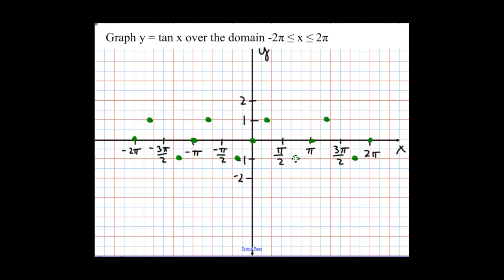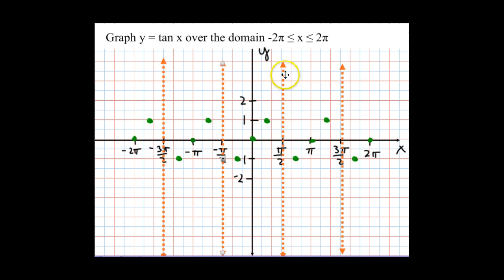Next, I need the places where tangent is undefined. So I find those places where cosine, the denominator, is 0. That'd be something, for example, like pi over 2. Where cosine is 0 and sine is 1. And at those places, I draw vertical asymptotes. So you can kind of see how the shapes get taking place here.